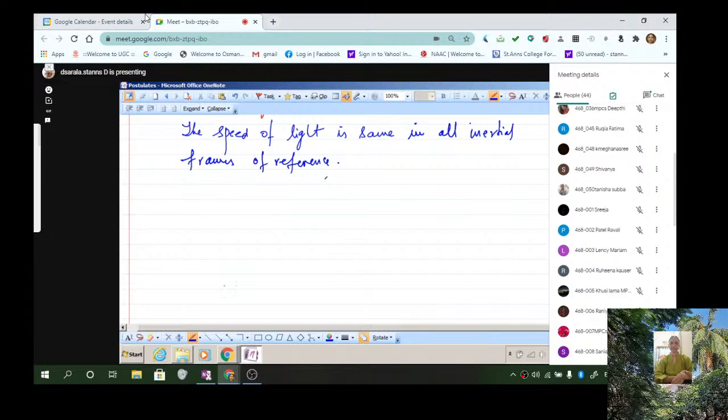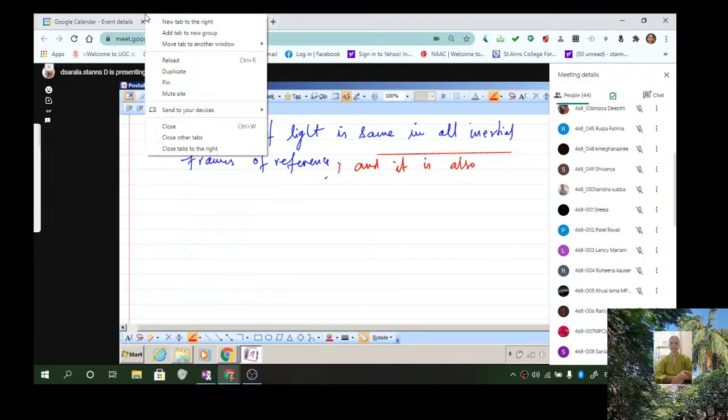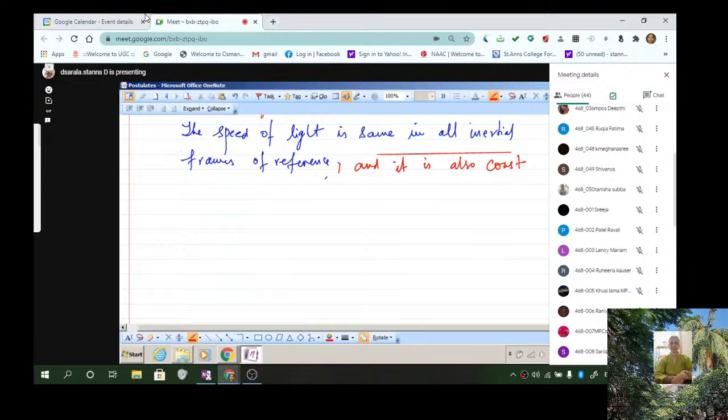Not only the same, that is important, it is not only the same but also constant.